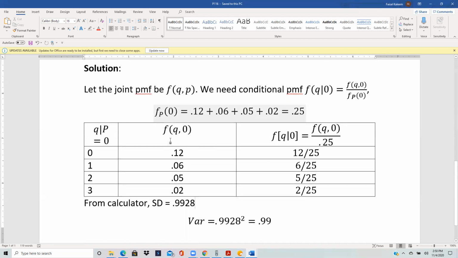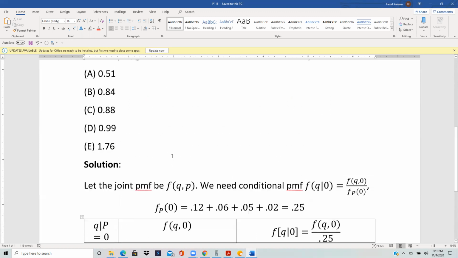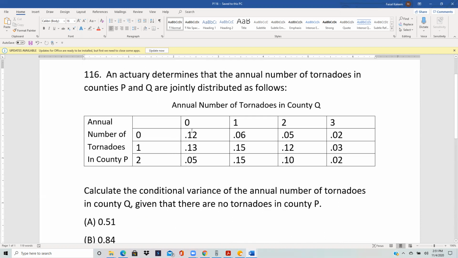Therefore, we'll be dividing each of FQ0 by 0.25 to obtain F of Q given 0. FQ0 corresponding to 0, 1, 2, 3 for the Q when P is fixed at 0 is here.